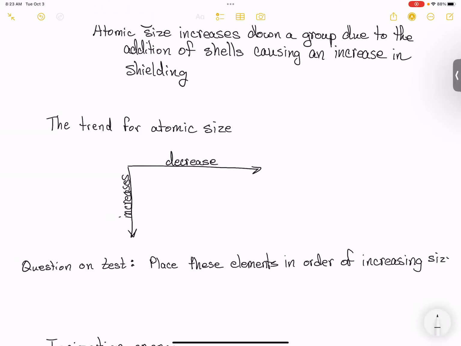It might be something like, place these elements in order of increasing size, and then I give you the elements. Let me just do some, because I haven't done this yet. Something like this.